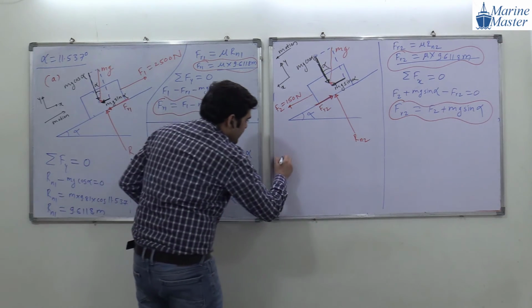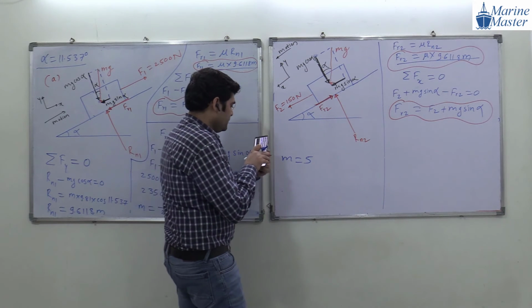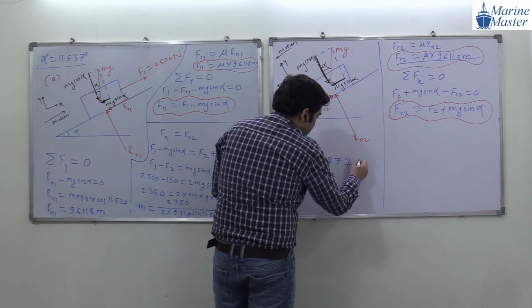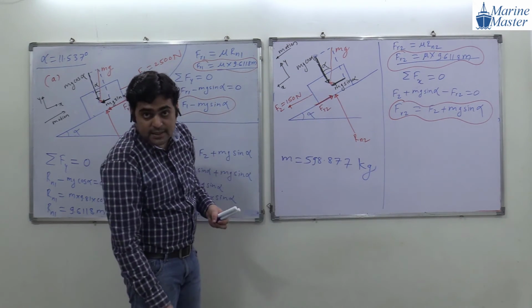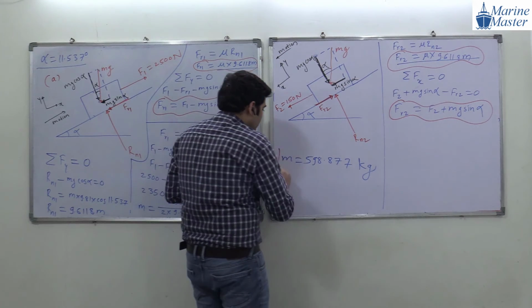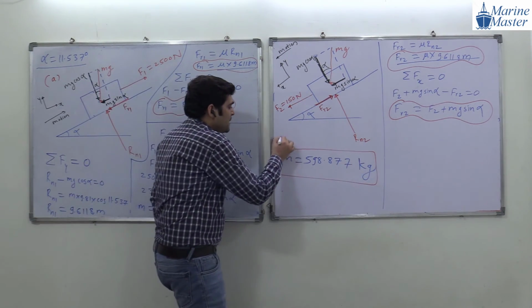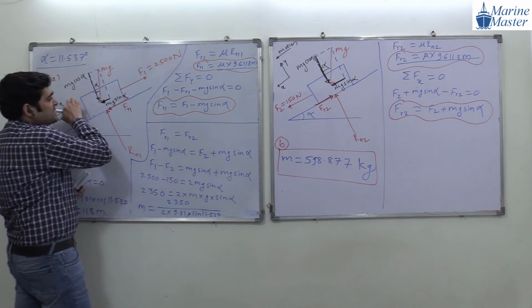So how much mass we are getting, guys? 598.877 unit mass. It is not a Newton, guys. Mass in kilogram. So this is our answer of B part. That is what they are asking in B part. This drawing is our answer of A part.